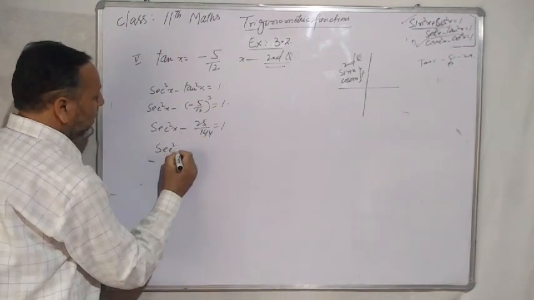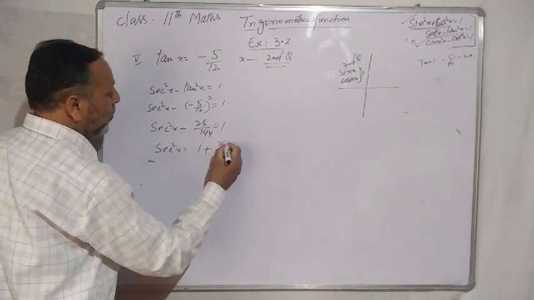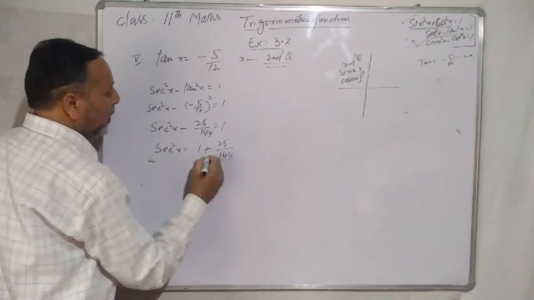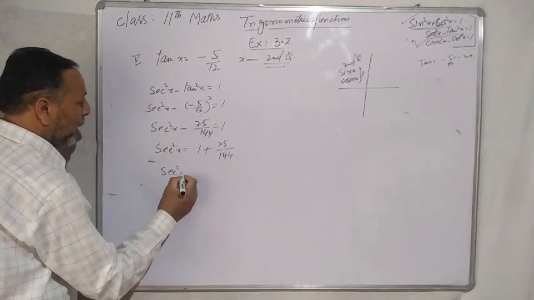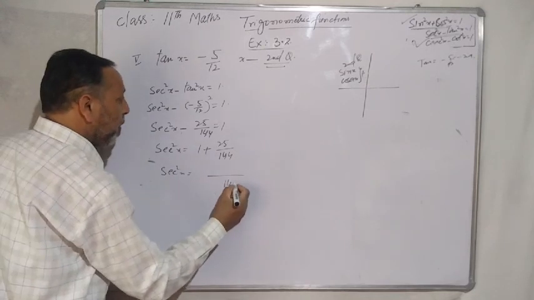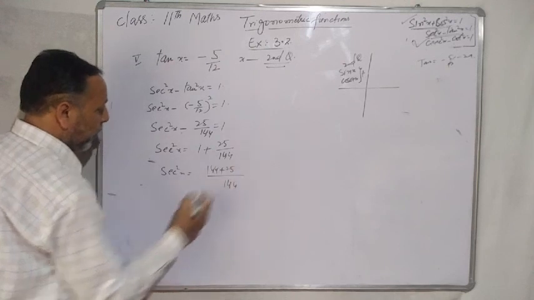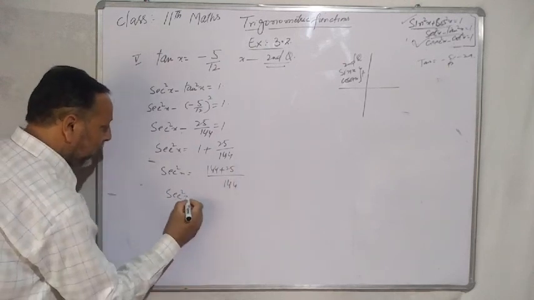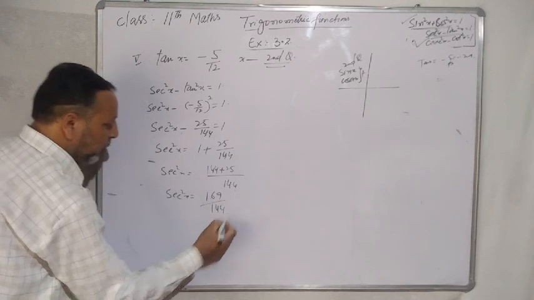It means that sec square x is equal to 1. Transpose this, it will be plus 25 by 144. It means sec square x, take 144 as LCM, 144 plus 25. It means sec square x is equal to 169 divided by 144.